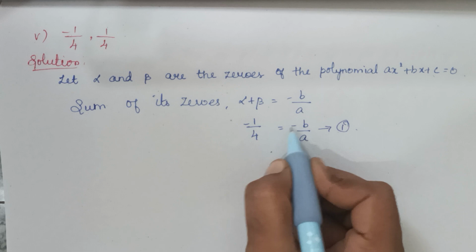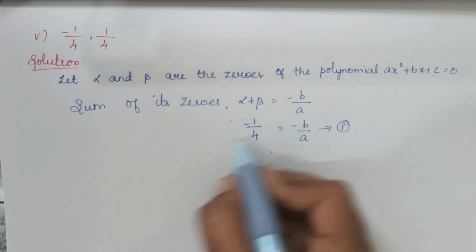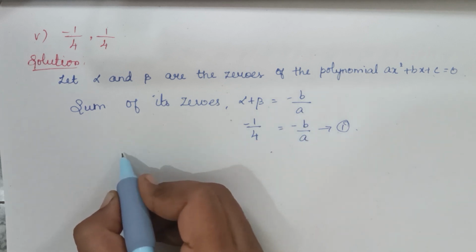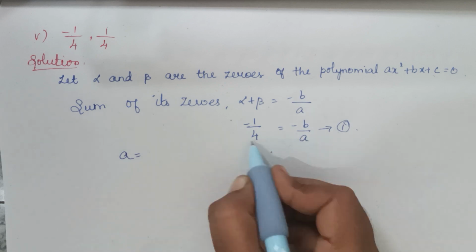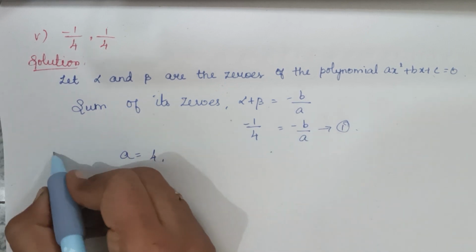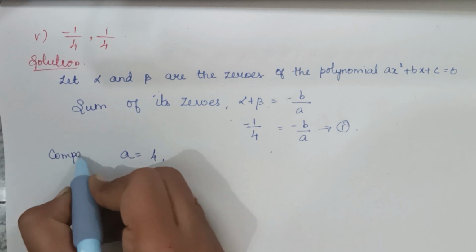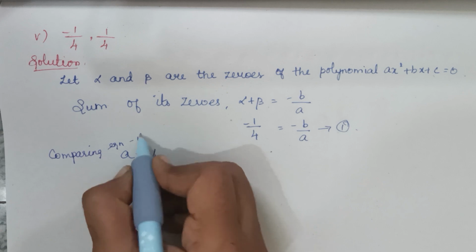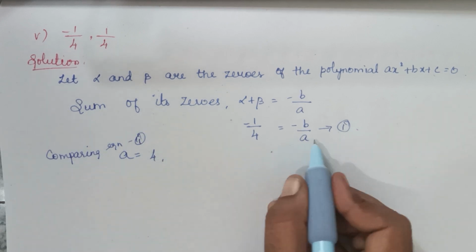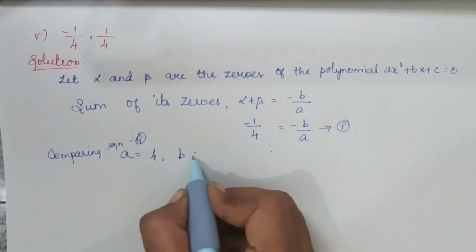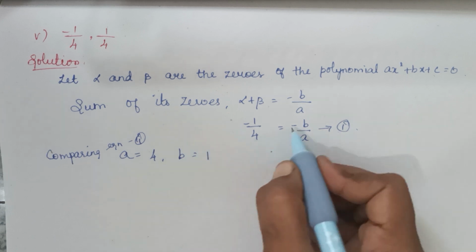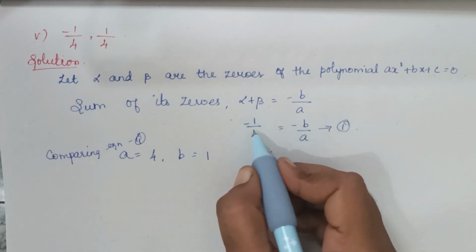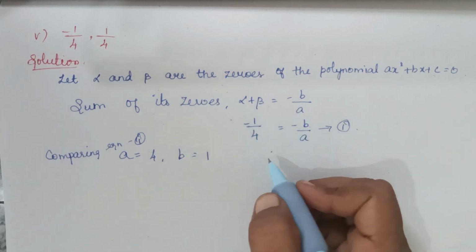Minus minus will cancel. By comparing equation 1, a is equal to 4 and b is equal to 1. Minus minus will cancel out, so b value is equal to 1.